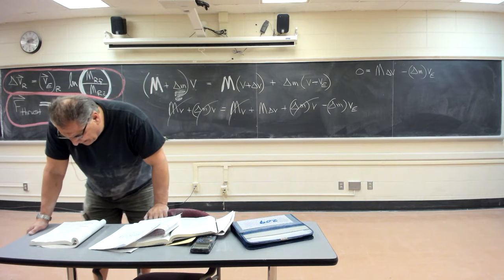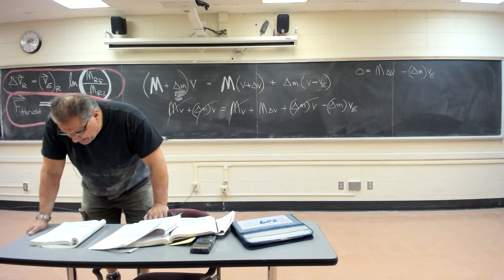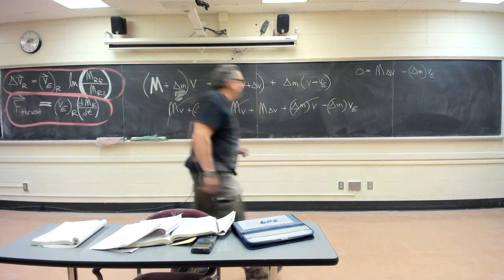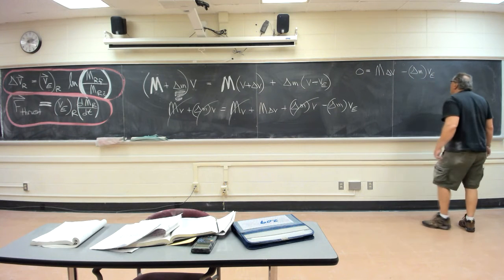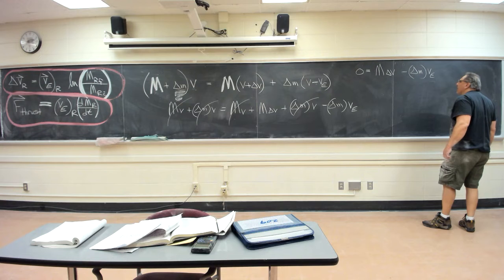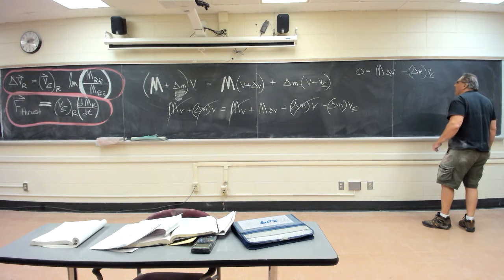The delta M is a negative delta M. It becomes kind of a linguistic thing here, guys, when we're looking at it. You can leave it as is for now.